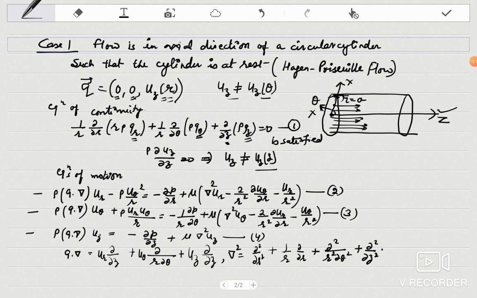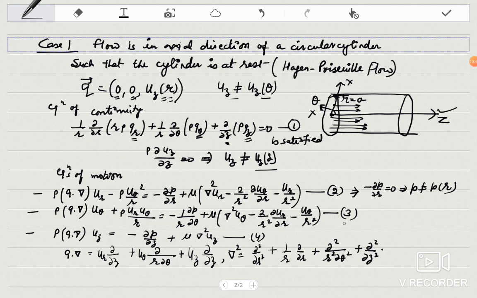Now in the light of these expressions, what will be the value of the pressure gradient from equation 2? From 2, ur, the first component of velocity, is 0, and u theta, the second component of velocity, is also 0, so you get minus delta p/delta r equal to 0, which implies p is not a function of r.